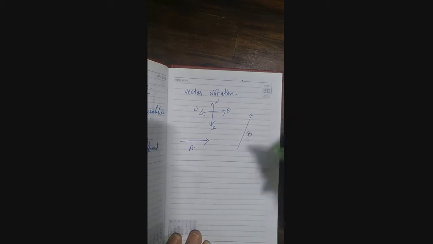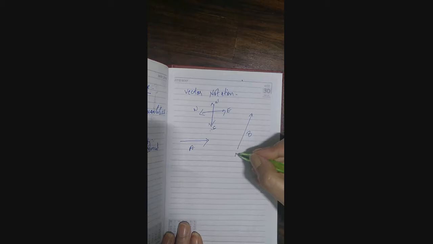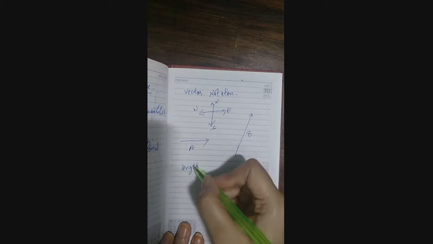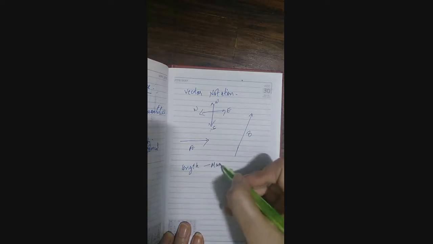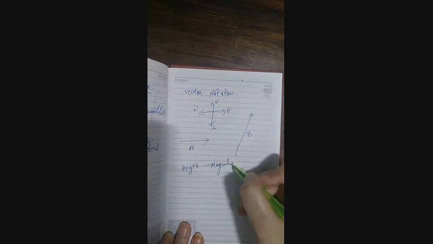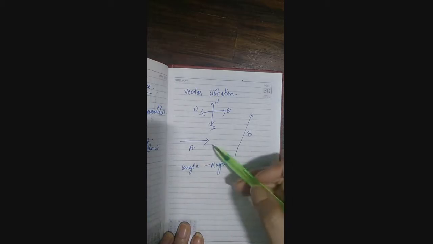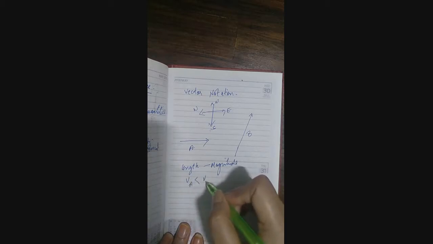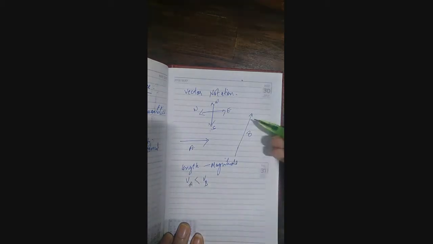This is car B. Okay, car A and car B. Now, how do we compare them? We look at the length of these two arrows. The length of A is smaller than the length of B. So length represents magnitude. How big is the magnitude, or how much is the velocity? The velocity of A is less than the velocity of B because B is longer.